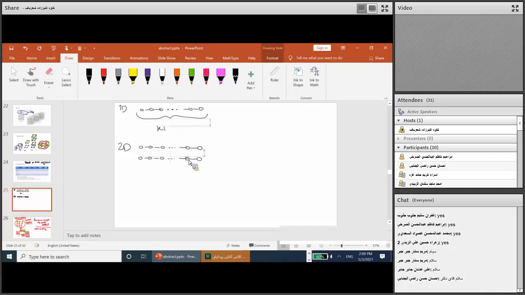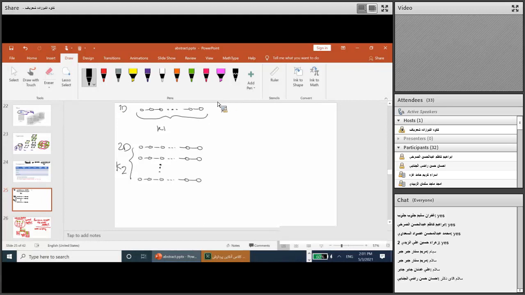which is replicated K2 times. That is replicated by K2.